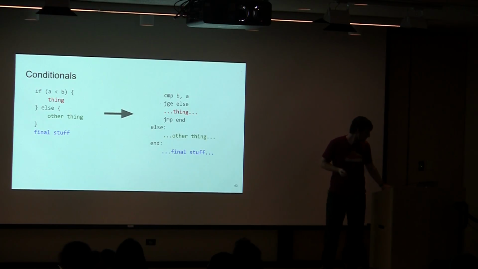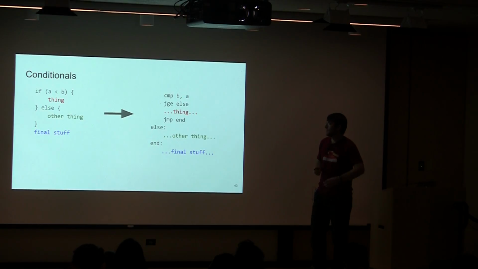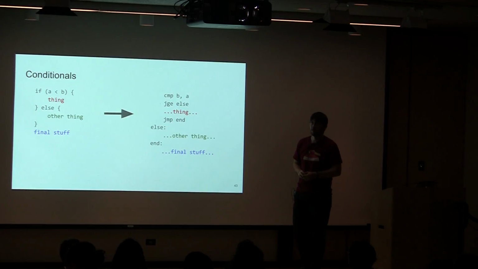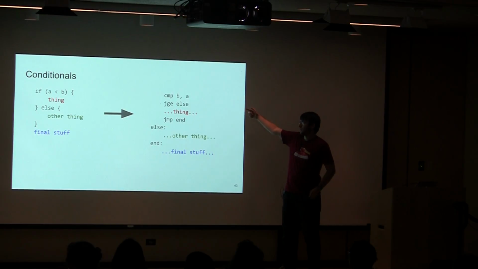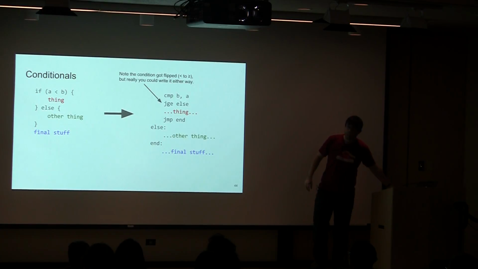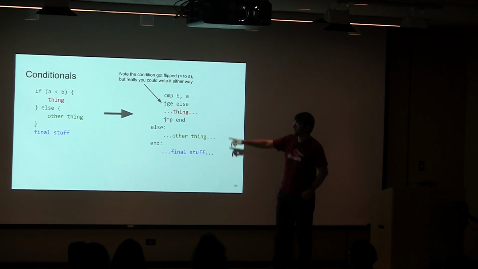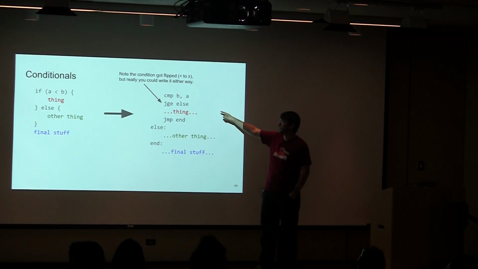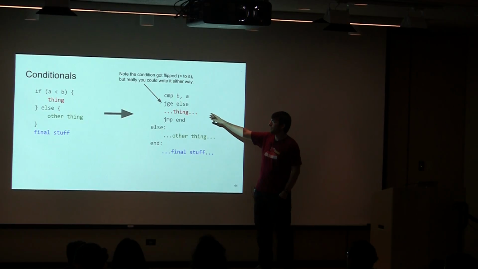Okay. So some common patterns. If you have an if statement like the one on the left, it will compile to a comparison and a conditional jump. Note here that it flipped the condition. So the original condition was A less than B. Here A and B are not registers, so this is not exactly what the assembly would look like, but roughly.